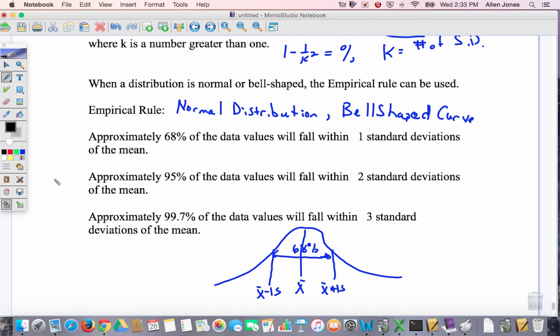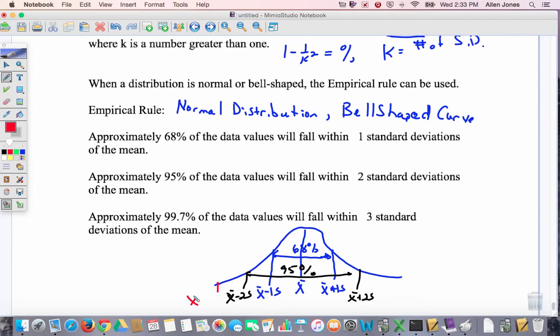If I go down another standard deviation, so I go down 2 standard deviations, or I go up 2 standard deviations, then we have 95% according to the normal distribution curve.